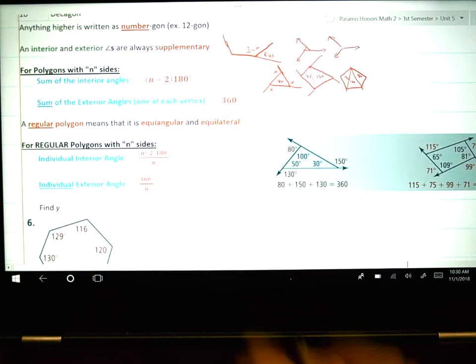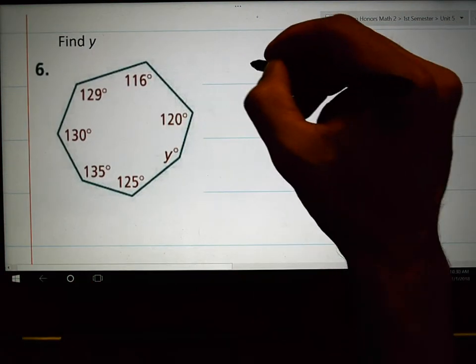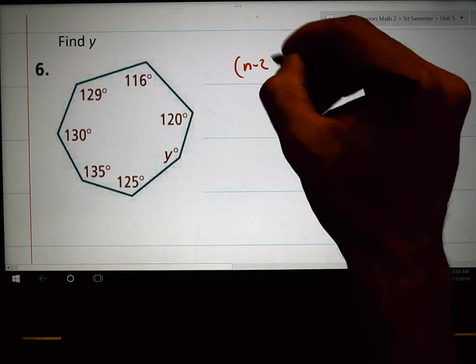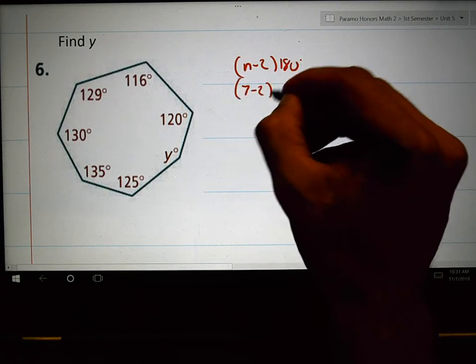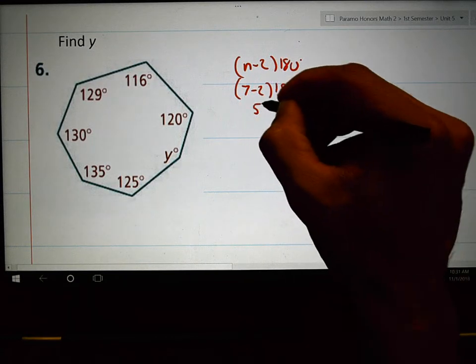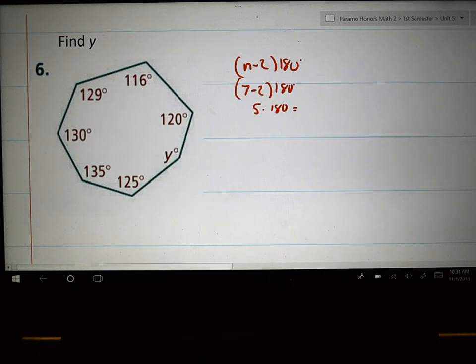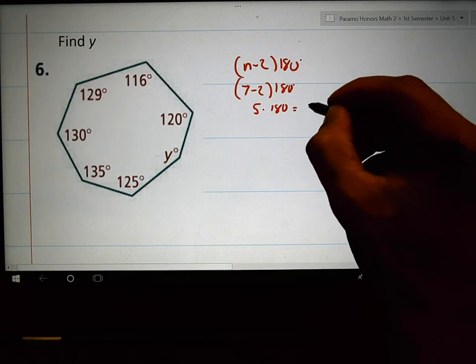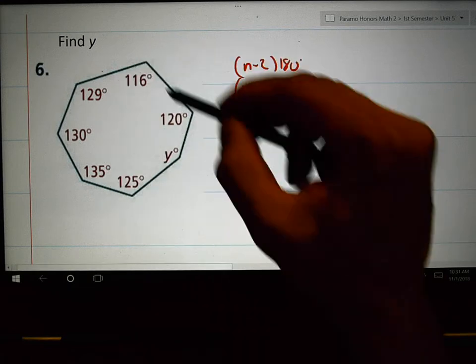So I have 7 minus 2 times 180 degrees. I automatically know that 5 times 180 degrees is the sum of all of those together. Let me plug that into my calculator, because I don't know what 5 times 180 is. It's 900 degrees.